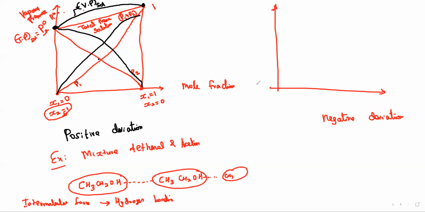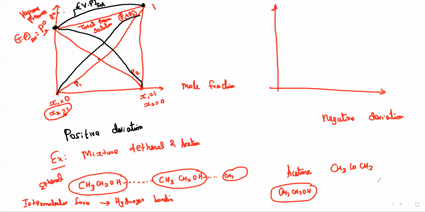Now if you add acetone to it, this is ethanol. If you add acetone to this, acetone is CH3 CO CH3. This is acetone. When acetone is added to the ethanol, what will happen?